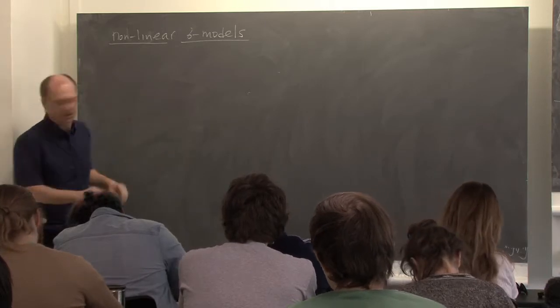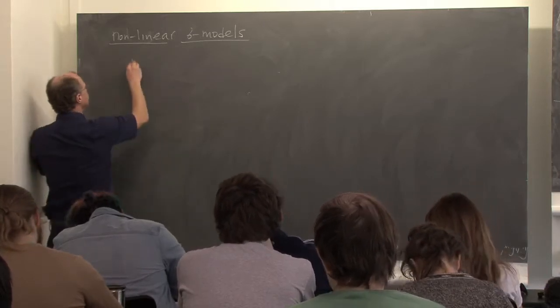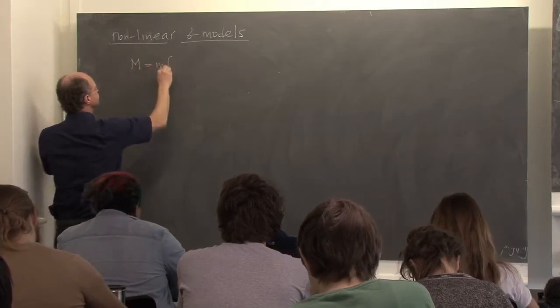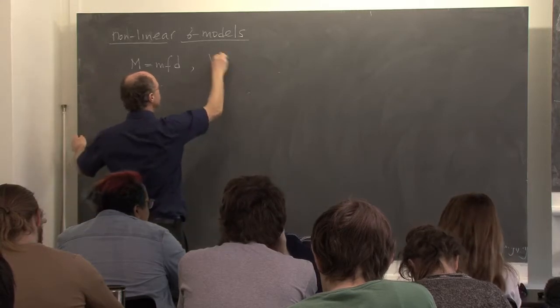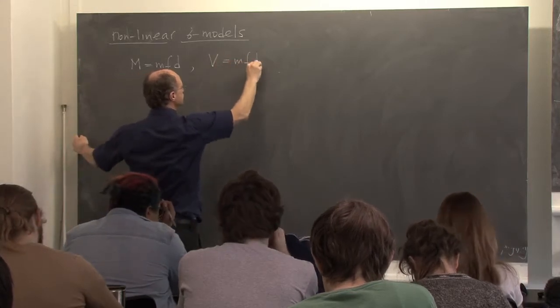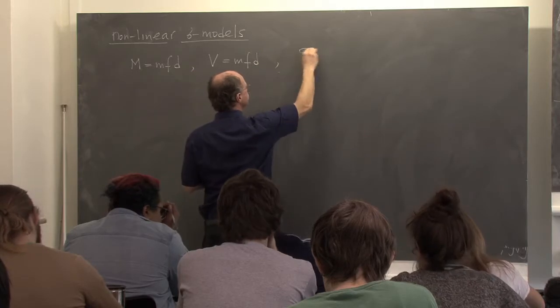But okay, so M is a manifold, and now V is also a manifold.